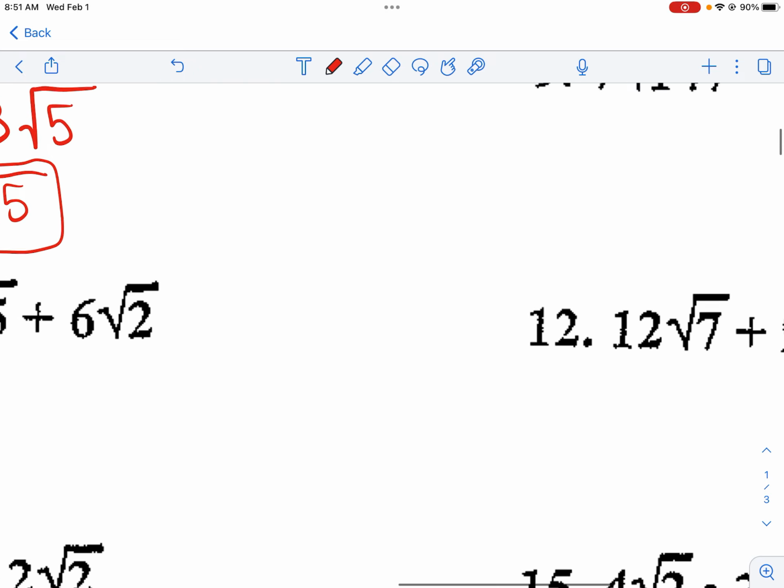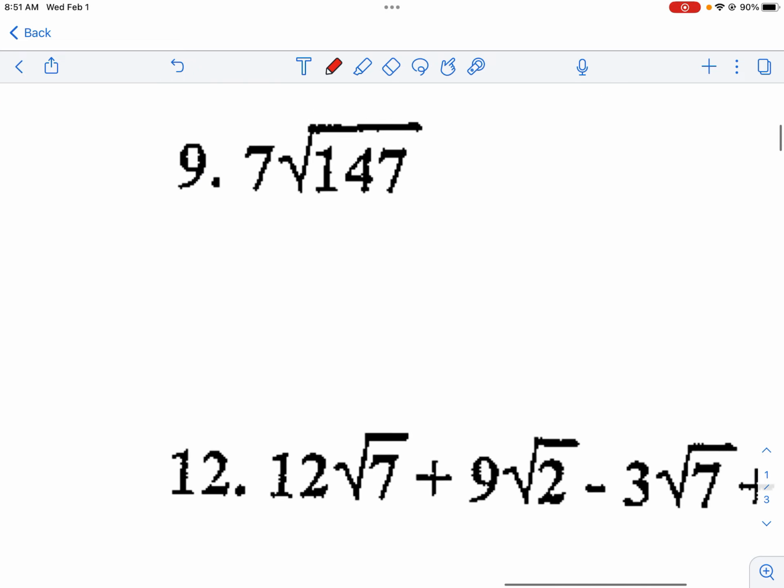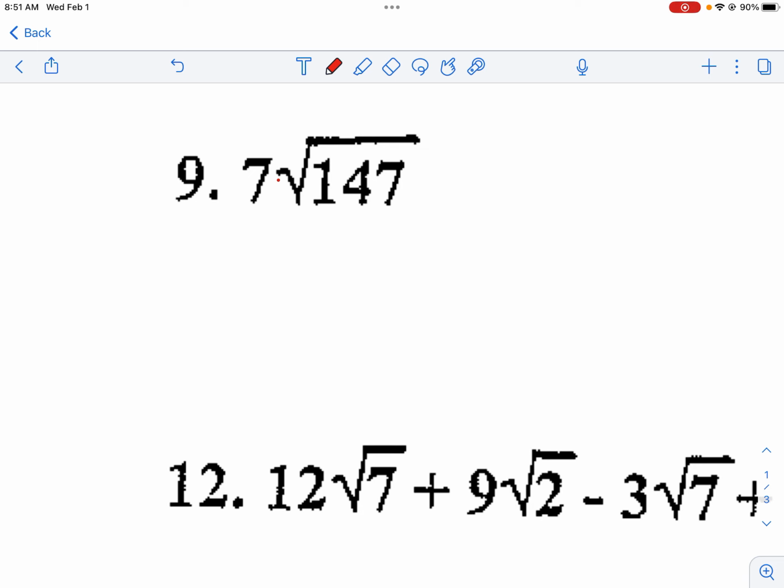That moves us on to number 9. It says 7 times the square root of 147. I'm going to copy my 7, and that's not going to change, but I'm going to need to rewrite that 147 as a multiplication of its factors. So I'm thinking, what are my factors of 147? I've tried 16, I've tried 36, I tried 25, I've tried all kinds of things.